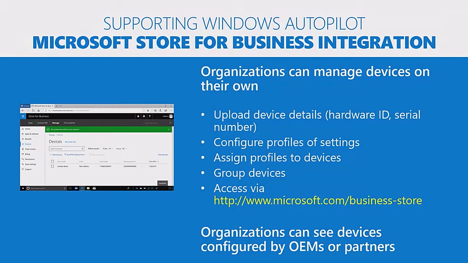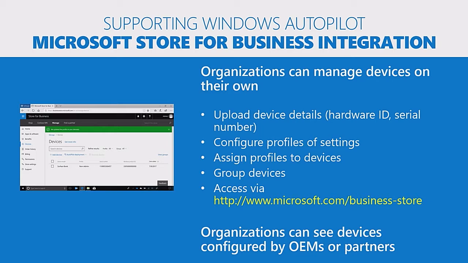We're also working to add those same capabilities into Intune, so you can do that directly through the Intune console. If you're a partner, you can do the same thing through Partner Center as well. So there are multiple interfaces to interact with the Autopilot deployment service, but all of them serve the same purpose: to upload the devices, to create profiles of settings, and to apply those profiles to the devices.